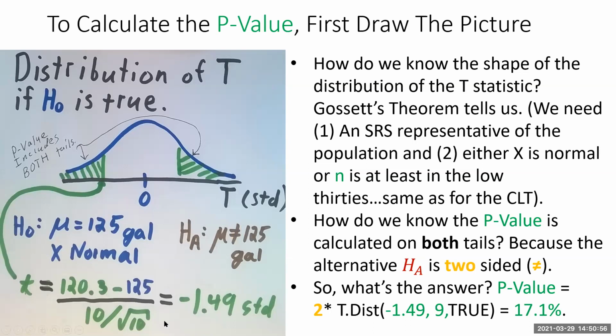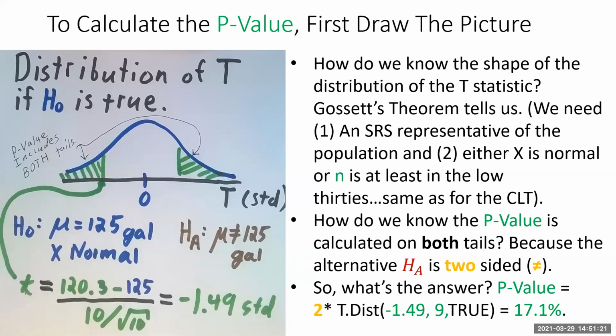We calculate that, we shade both ends of the distribution. And then the p-value is the area of those two tails together, twice the area of one of them.